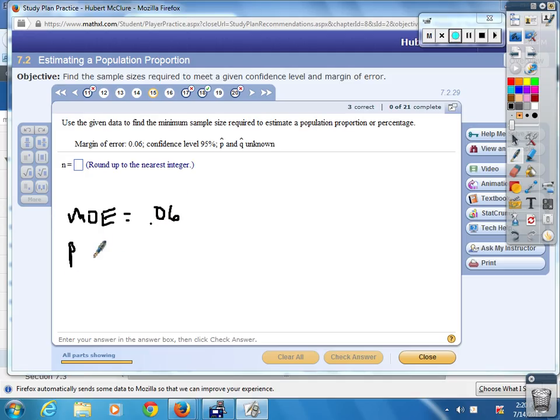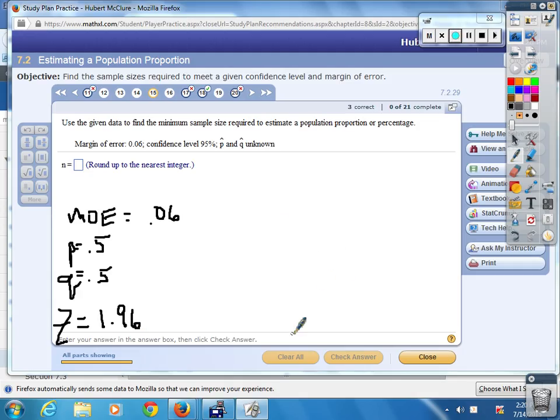P is 0.5, Q is 0.5. And what's our Z-score at 95%? 1.96, so you're good to go.